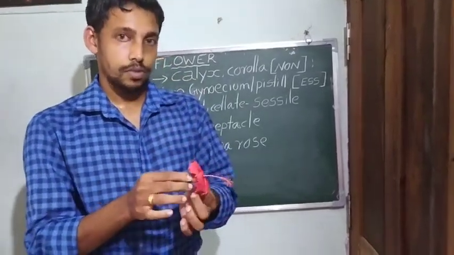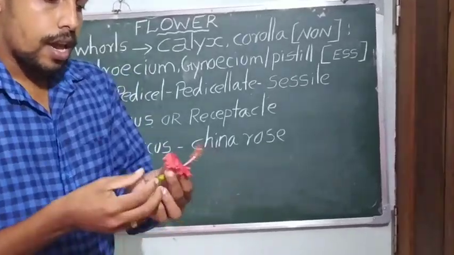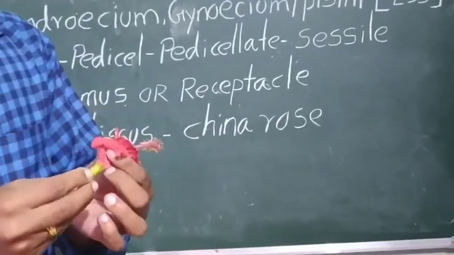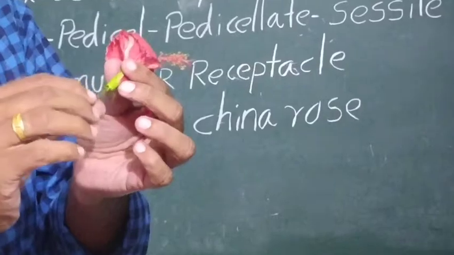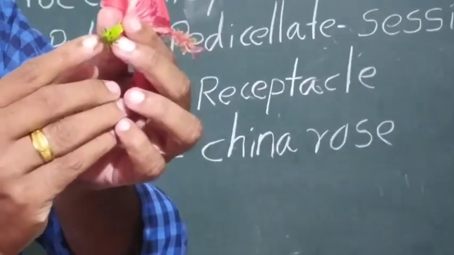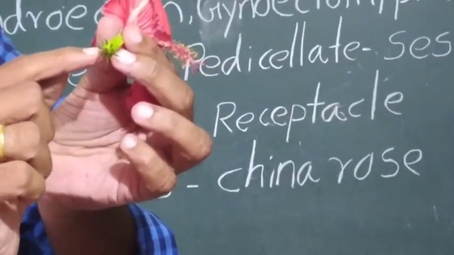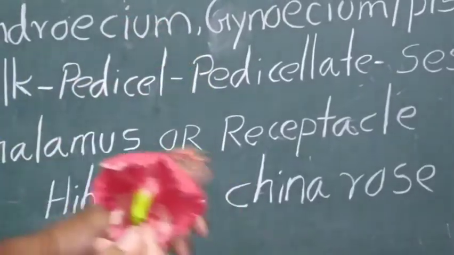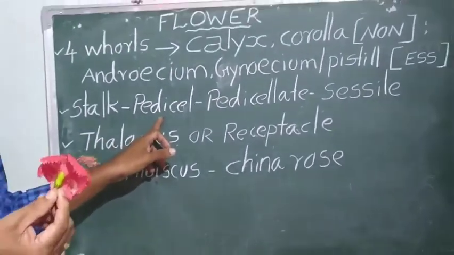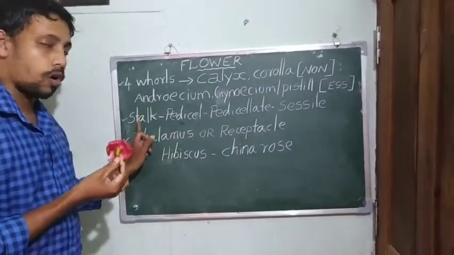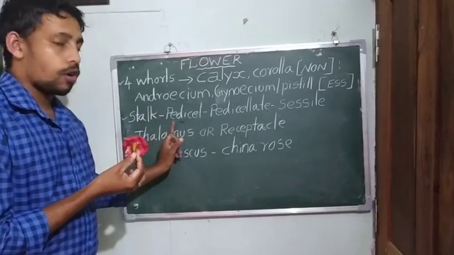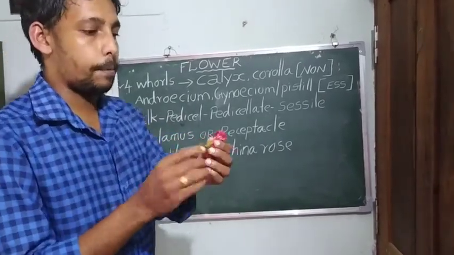Here you can see a flower has a stalk. The stalk of the flower is known as the pedicel. A typical flower has a stalk, and the stalk is known as a pedicel.